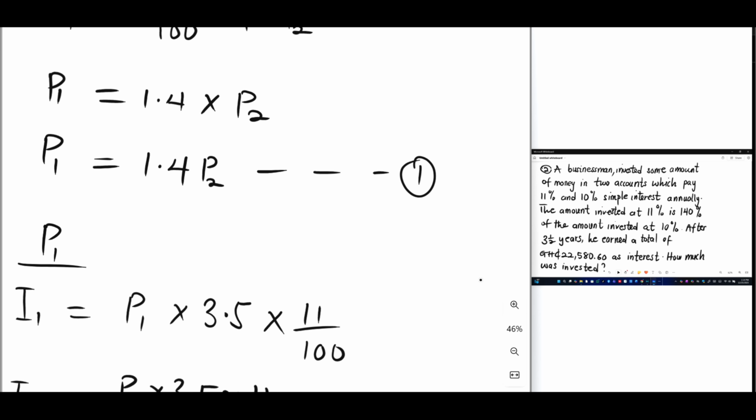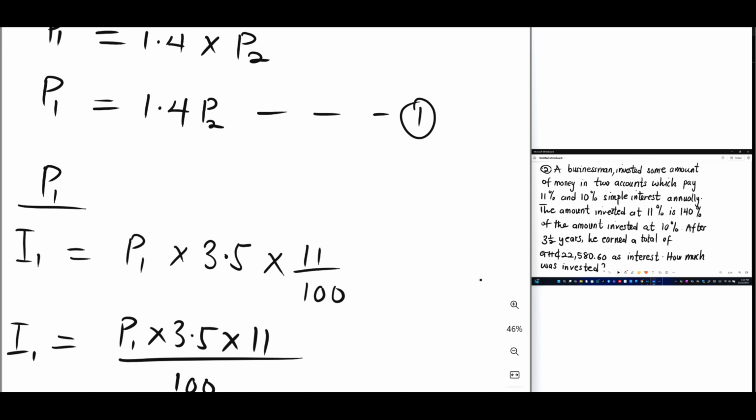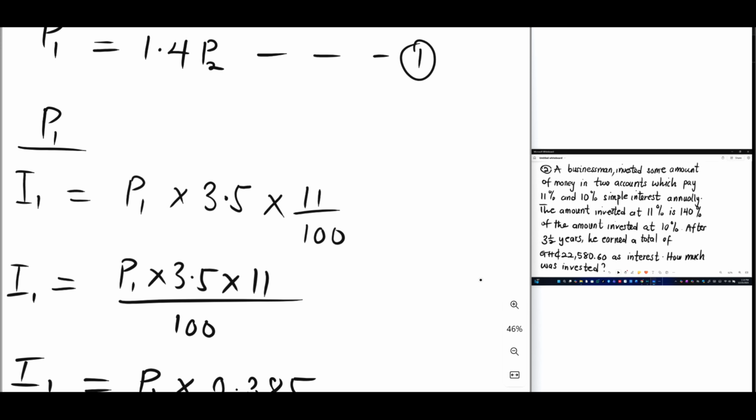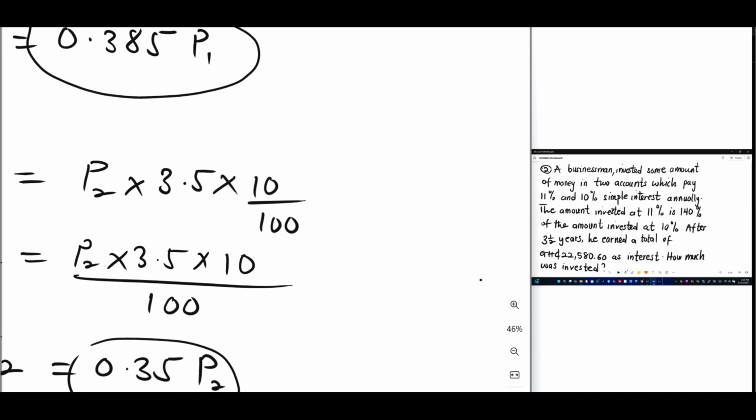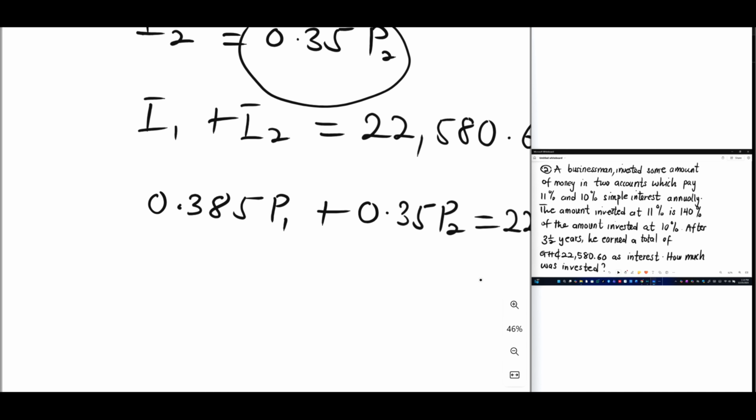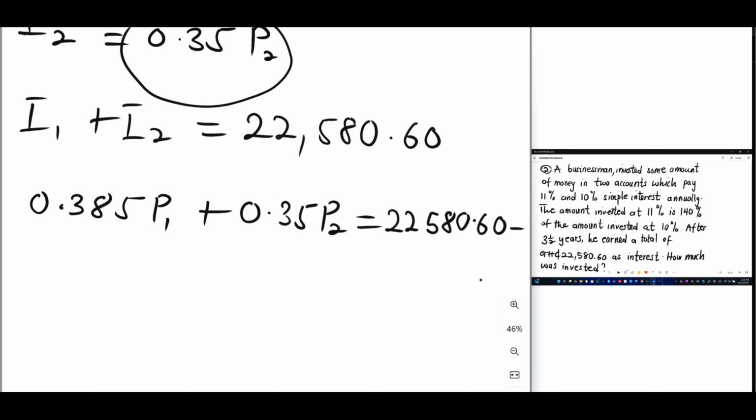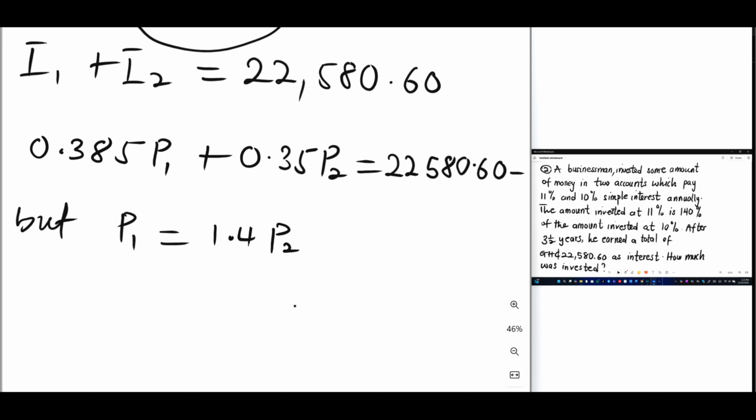But we need to first find P1 and P2 before we can add the two to get the total amount invested. We know our P1 to be 1.4 P2. So wherever I see P1 in equation 2, you substitute 1.4 P2 in place of P1.